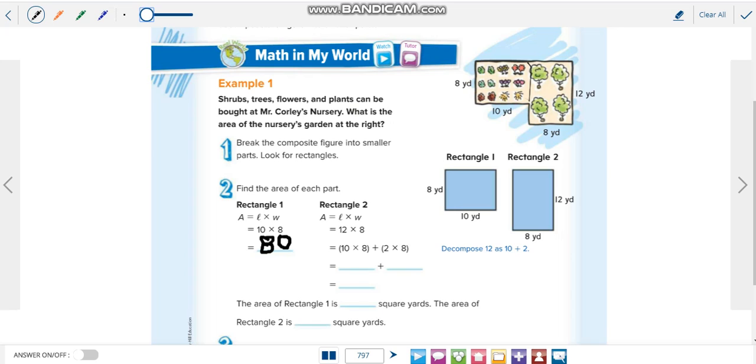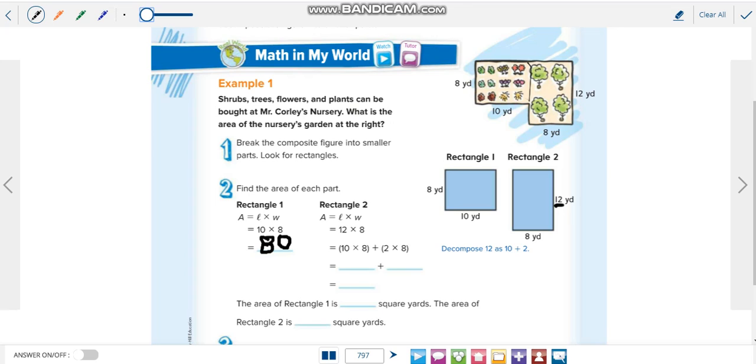Okay, so on rectangle number 2, it says to decompose the 12 into 10 and 2. Remember the distributive property. It helps us to find the product more easily when we decompose the number like this.